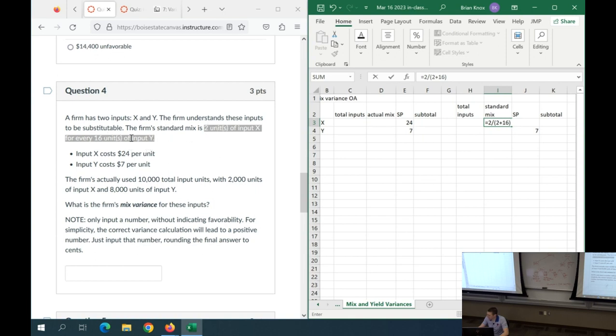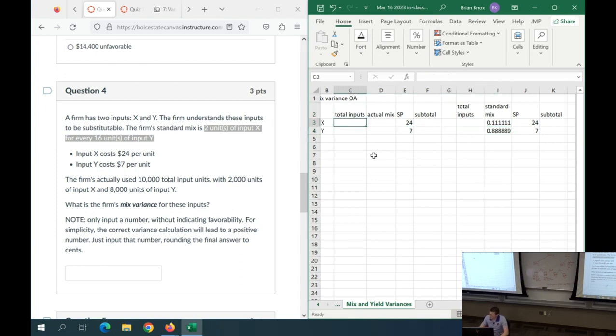So 2 out of the 18 total, 2 over 2 plus 16, that is 0.11111 is x. And 16 divided by that 2 plus 16. Of the 18 inputs that we have in this mix, 16 of those would be y, which means 0.888889, or whenever we terminate it, 0.8 repeating is the percentage for y, typically.